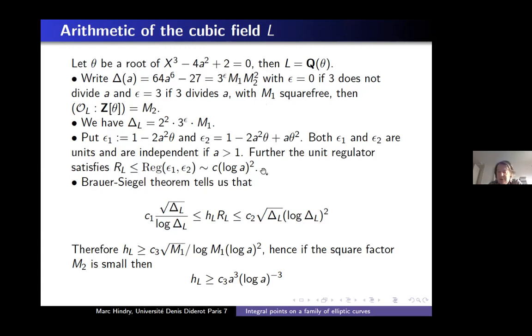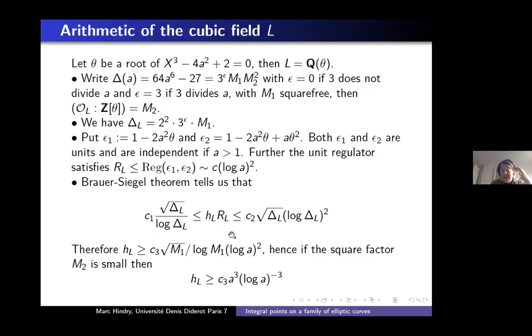It's a power of log A, or smaller than a power of log A. So if you apply the Brauer-Siegel theorem, which is entirely effective in the case of cubic fields, you find a very good estimate for the class number times the regulator.